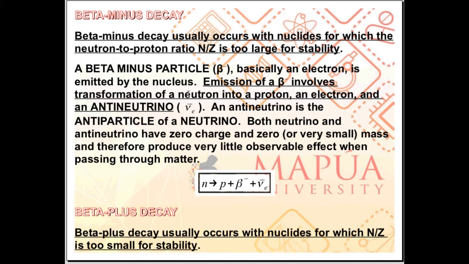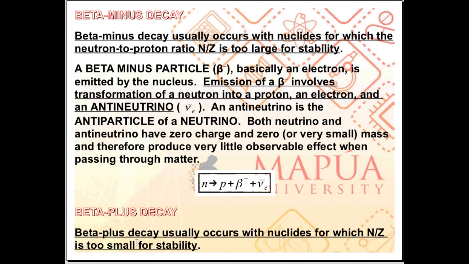So somehow the nucleus emits an electron, and this happens by transforming a neutron into a proton and an electron, as well as what is referred to as an anti-neutrino. An anti-neutrino is an antiparticle of a neutrino. Both neutrino and antineutrino have zero charge and nearly zero mass, and therefore produce very little observable effect when passing through matter.